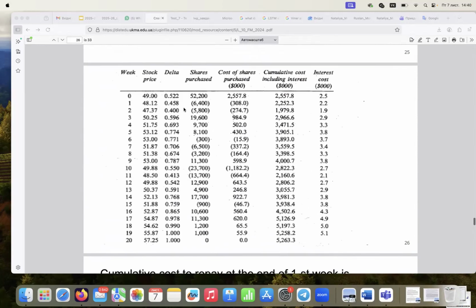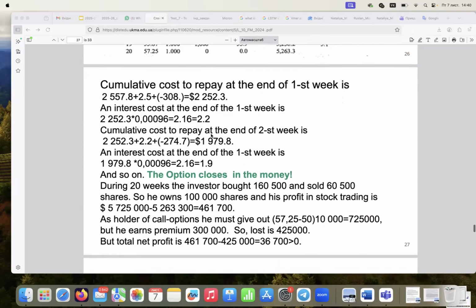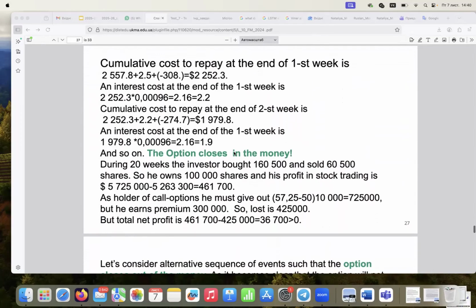We need only to add this minus this plus this plus this, first without brackets, with plus, and after that with brackets, so it means with minus. So we bought this amount of stocks and sold this amount of stocks.